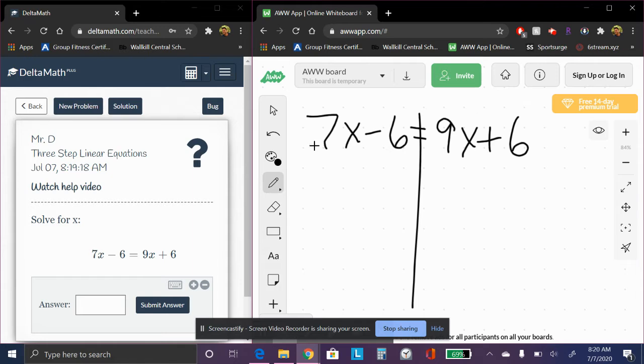Same deal here, line down the equal sign. I want to bring one of the variables over. Now this one, I'm going to bring the 7x over. So the opposite operation, which is minus 7x from both sides.